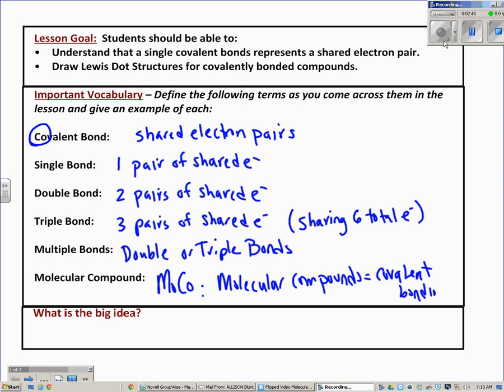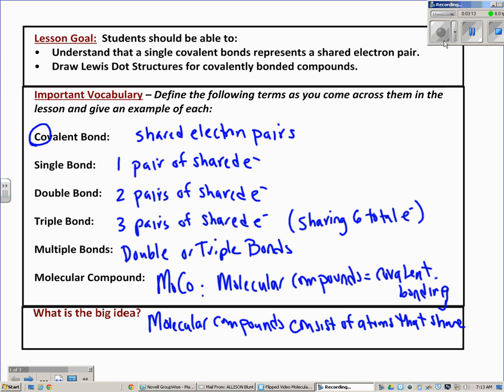So now we're ready to get started. The first thing we need to know is what the big idea is. The big idea of this lesson is that molecular compounds consist of atoms that share electron pairs to form molecules.